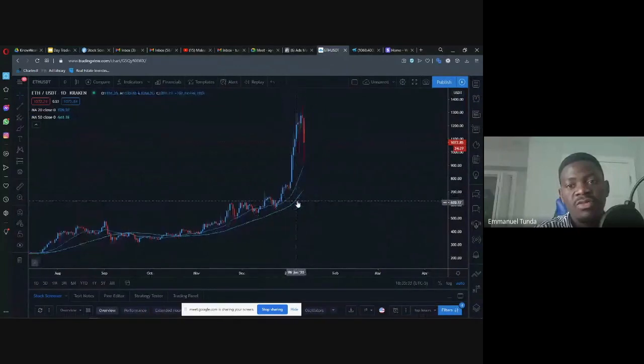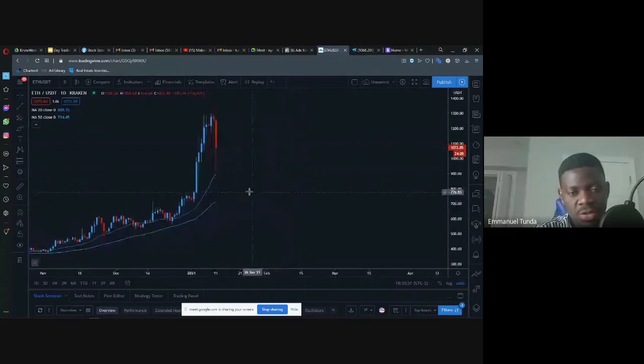For example, I'm just looking at Ethereum right now. You guys see my screen, right? Yes, sir. The line that you see below here is what we call the moving average. What it is actually, it shows you exactly how the price was moving.